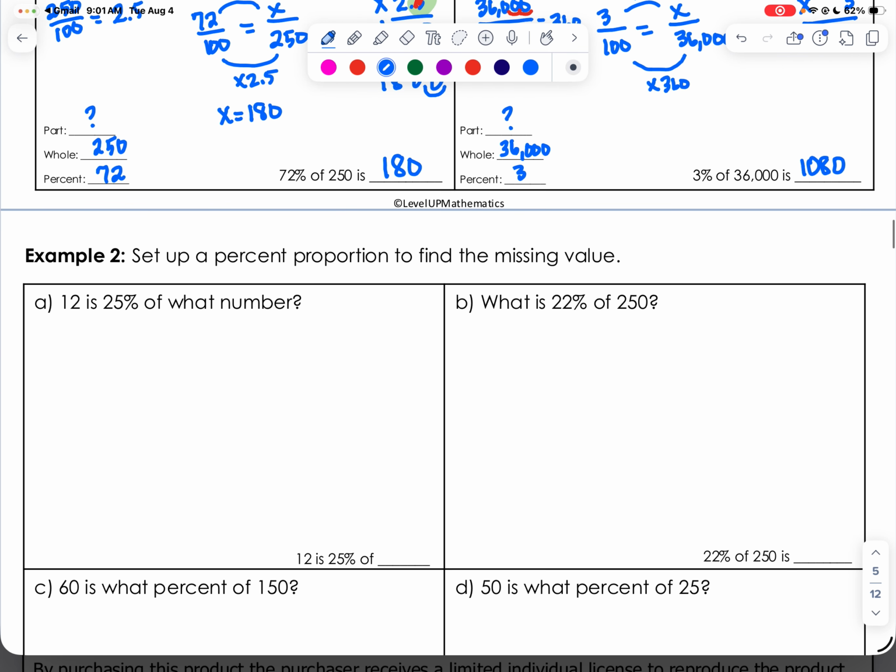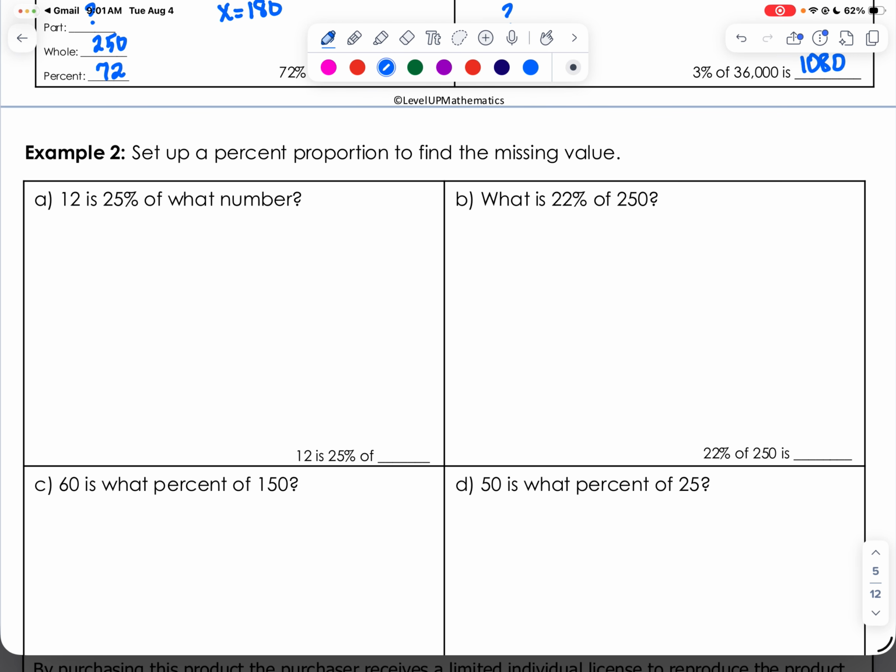All right, example 2. Set up a percent proportion to find the missing value. So 12 is 25% of what number? So I know my first fraction is 25 over 100 because they gave us the percent. My second fraction, they gave us the part, but I do not know the whole.